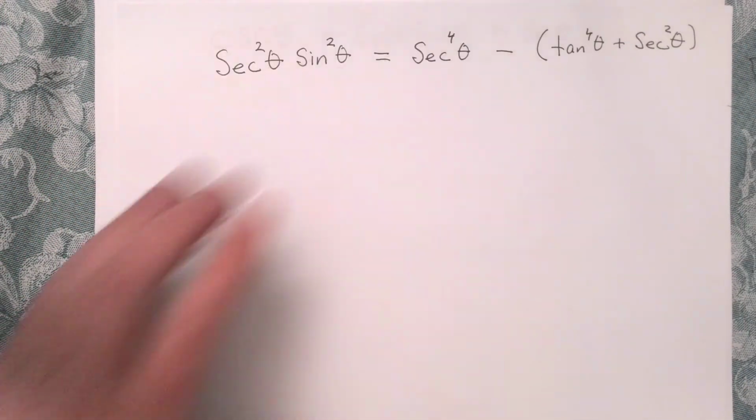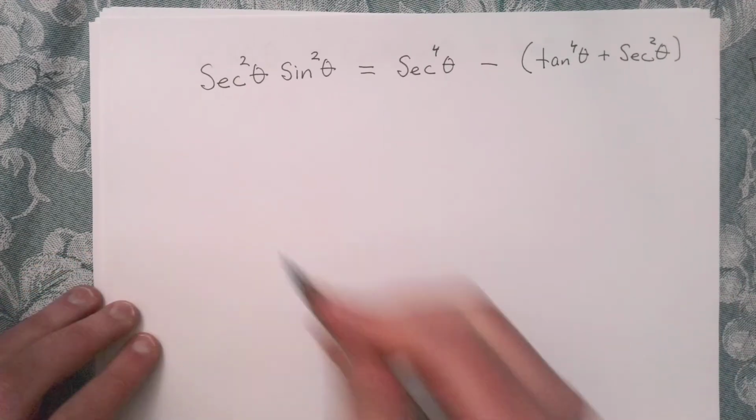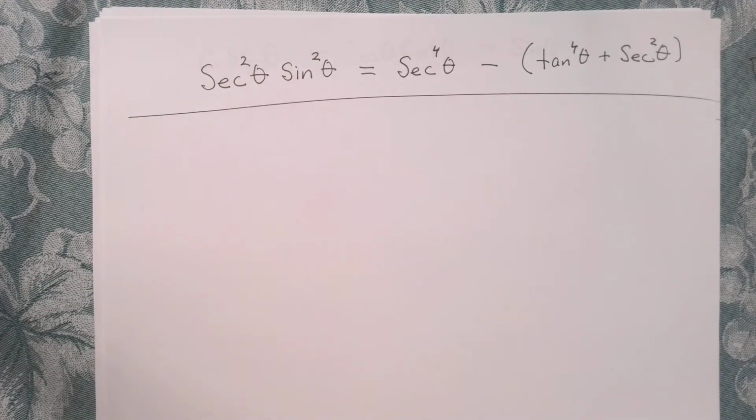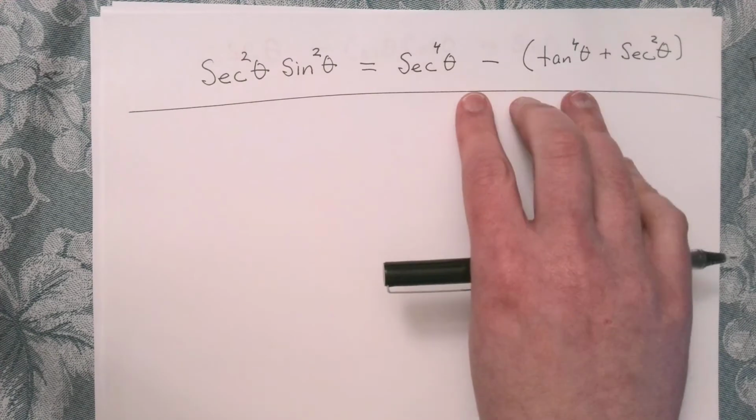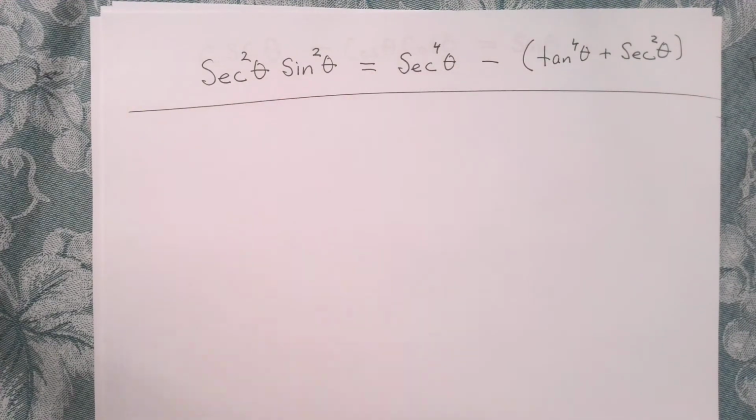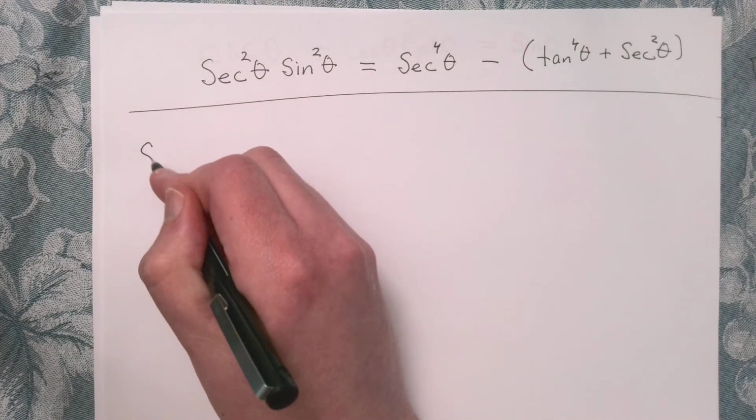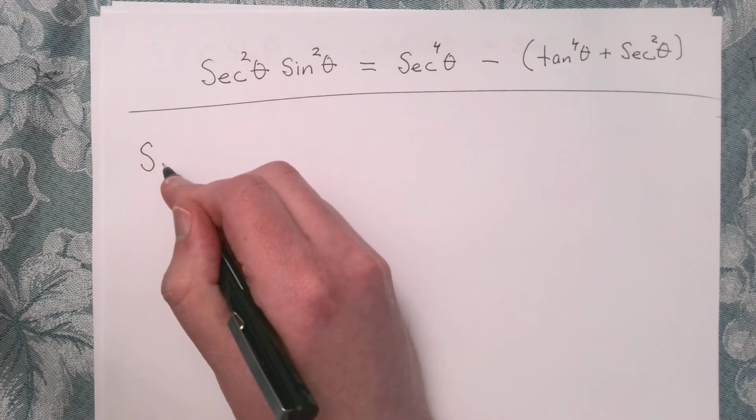Okay, let's see what else is up. All right, so let's work with this side and show that it's equal to this side. Just seems like I've got more to work with here.